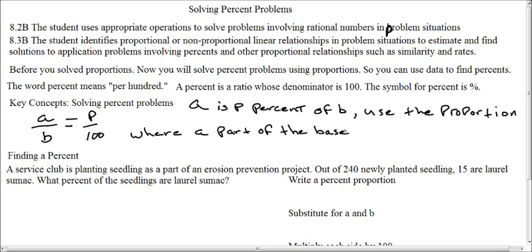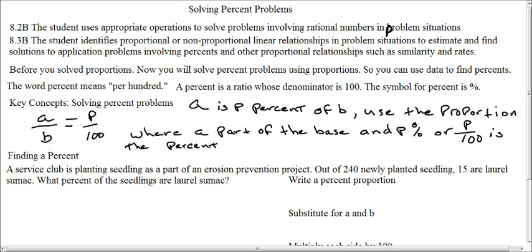So A is part of the base, and P percent, make sure you know it's the same thing as P over 100, is the percent. So we'll use this concept as we go through and help you to find these percent proportions.